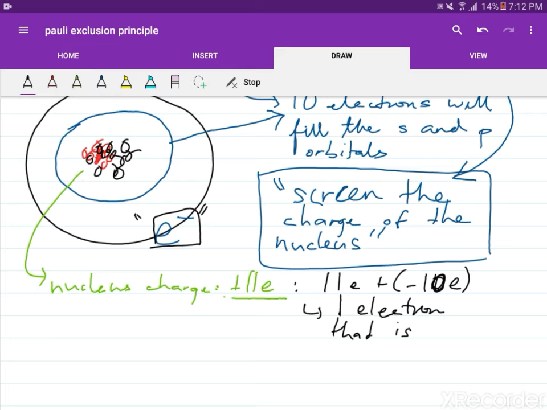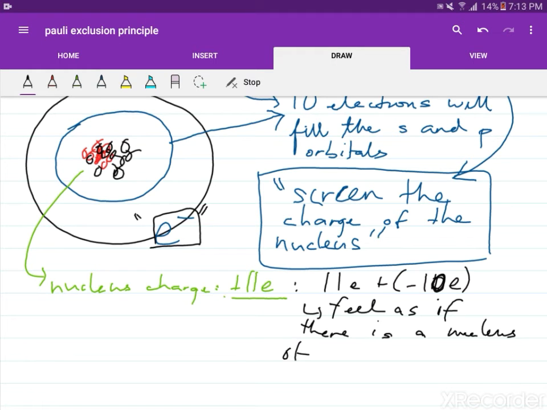Let me rephrase. This valence electron will feel as if there is a nucleus of a charge 1e.